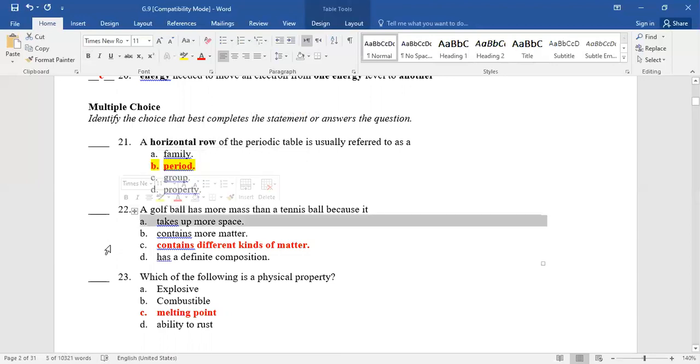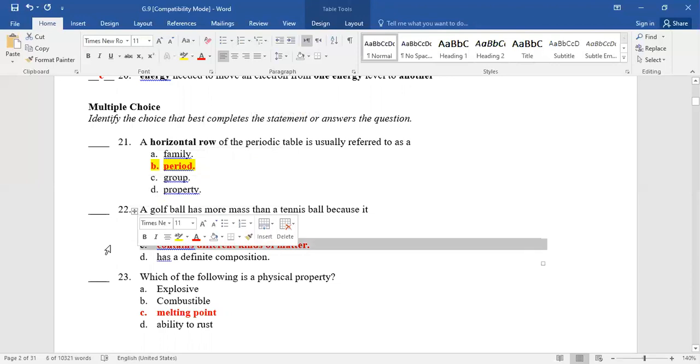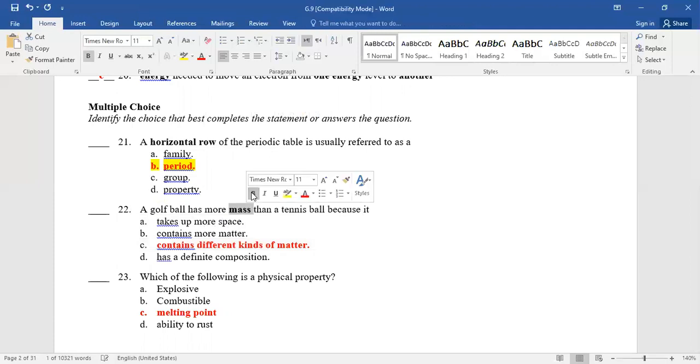Let's get to the other one. A golf ball has more mass than a tennis ball because... If I talk about mass, I'm talking about the amount of matter.